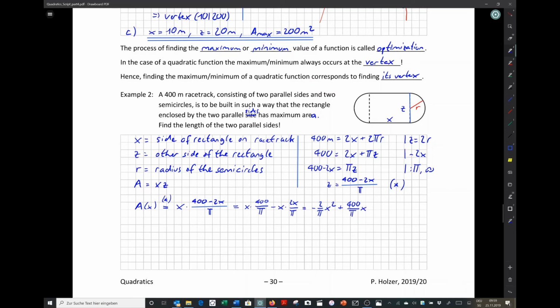As we have said before, the maximum value of this area A of x will be achieved for the vertex. So let's find the vertex.